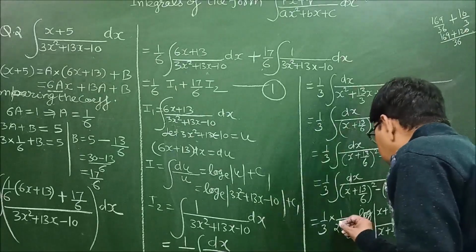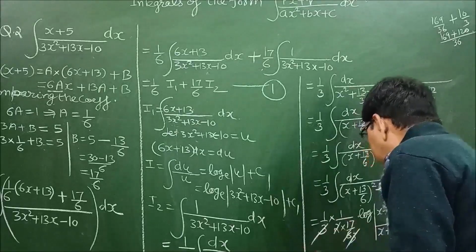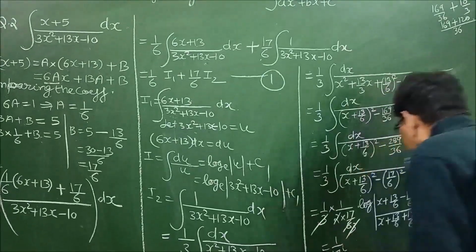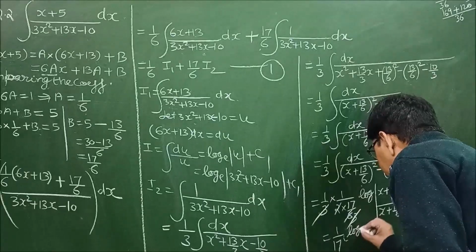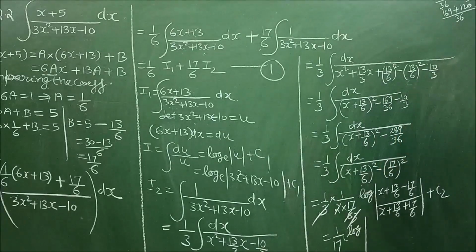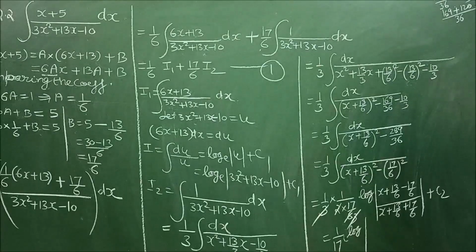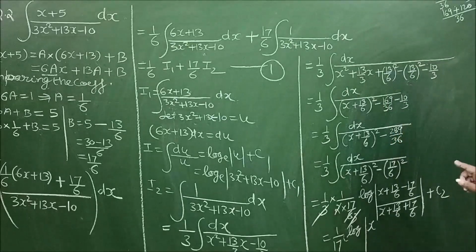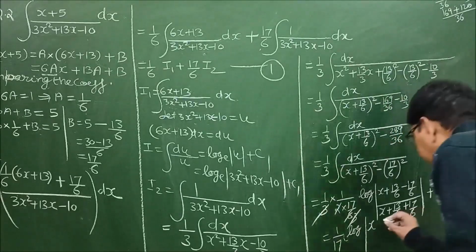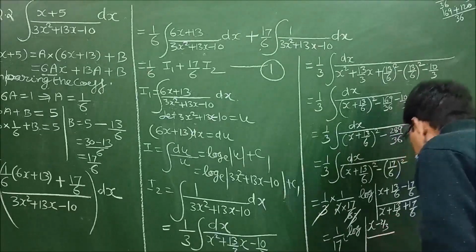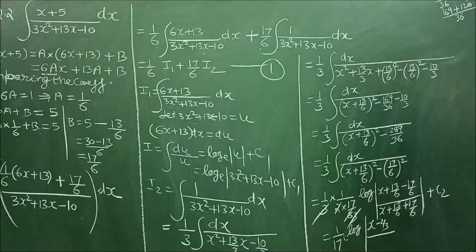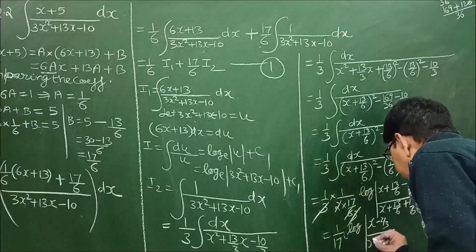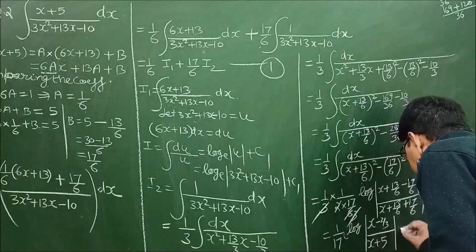Here the 2 cancels, and the 3 and 3 are also cancelled. So we get 1/17 log, and in the numerator, 13/6 minus 17/6 is minus 4/6, so x − 4/6, that is x − 2/3. In the denominator, 13 and 17 is 30, and 30/6 is 5, so x + 5, plus C2.